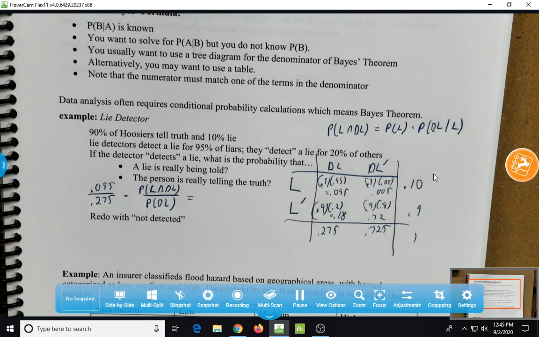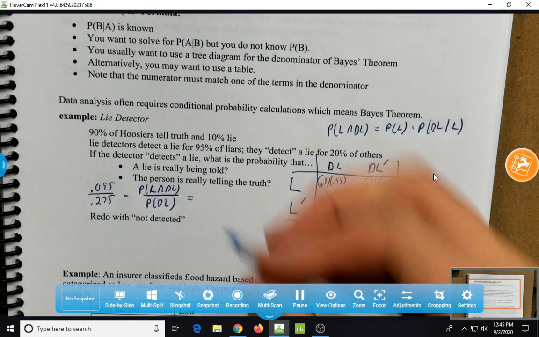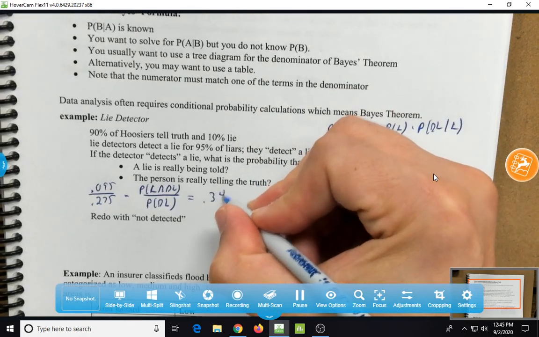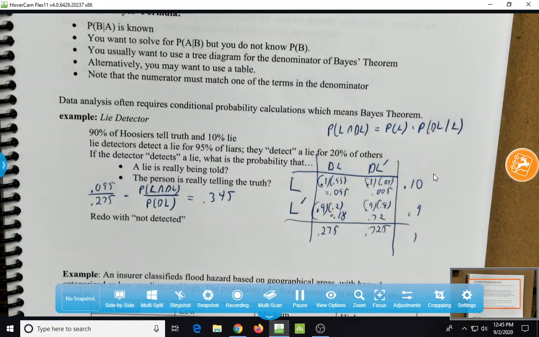So I take the probability of L intersect D over the total probability, and what I get when I calculate that is 0.345. So if it detects you as a liar, your chance of actually being a liar is only 34.5%.